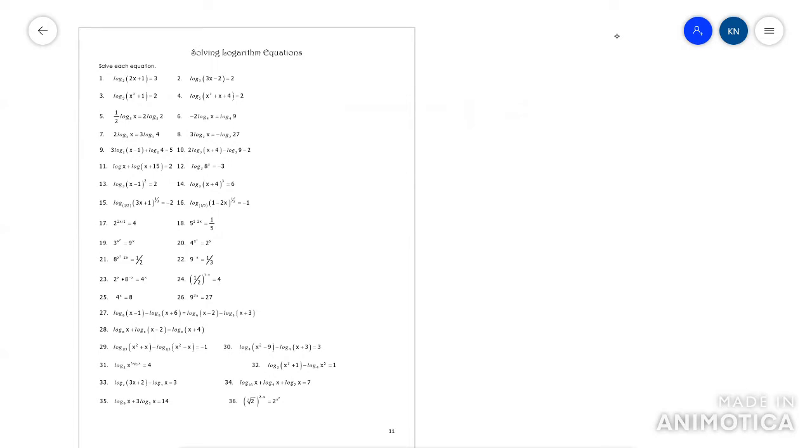Okay, let's look at number 4. You would snail it, and so you're like, okay, 5 squared equals x squared plus x plus 4. This is 25. This is a quadratic that you need to solve, so try to make it equal to 0. And then you try to factor it.